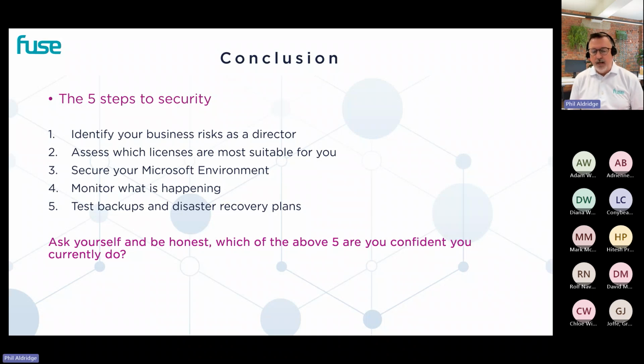Once you've got that sorted, you need to make sure that you've got the most appropriate licenses. So if you're a 50-person company and you're doing basic security and you want to be Essential 8 Level 2, you probably don't need E5 licenses, because you're going to be paying a lot more than you need to be paying when you could be using Business Premium.